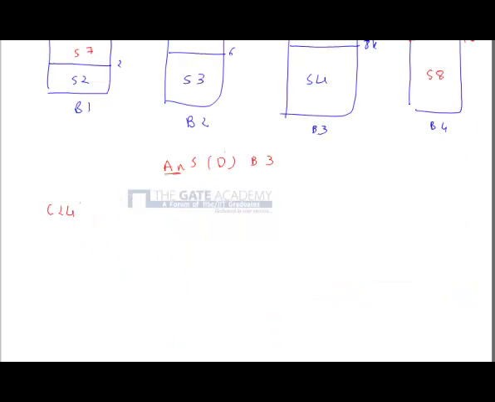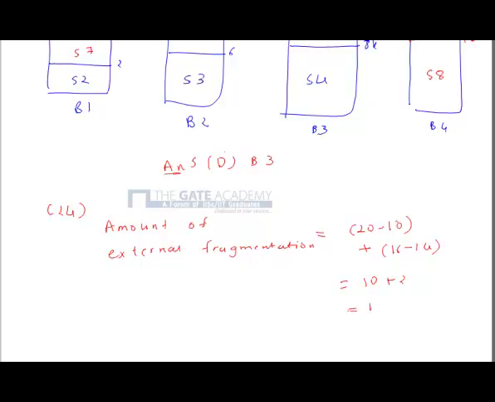So for question number 24, the amount of external fragmentation will be 20 minus 10 plus 16 minus 14, that is 10 plus 2, that is 12K. So answer for question number 24 will be D, 12K.